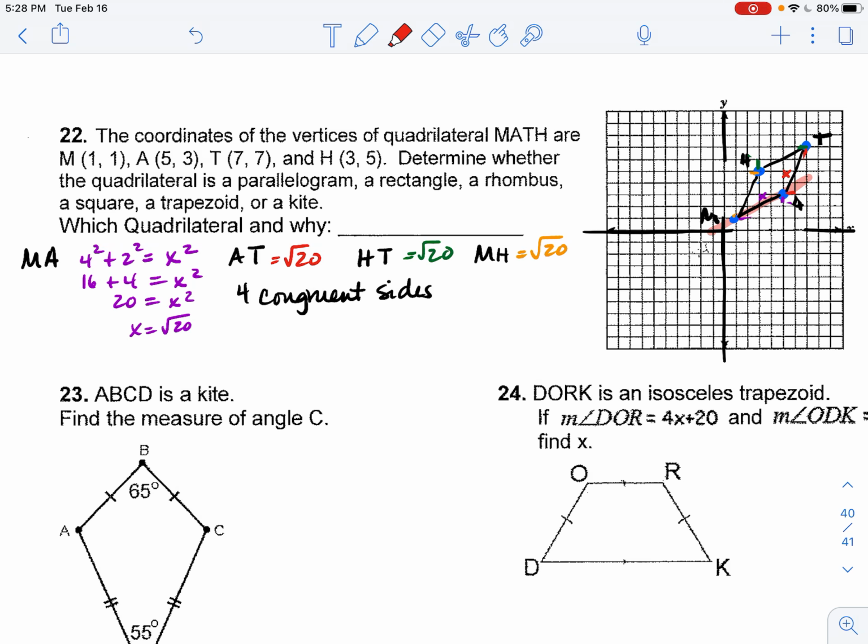All right, so the slope of this guy from M to A is going to be rise over run, so it's going to be up 2 over 4. So we know that this slope is up 2 over 4. All right, and now let's find the slope of the next piece, this guy right here. And this slope is going to be up 4 over 2, or just 2.